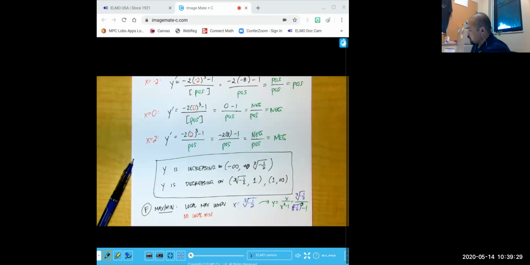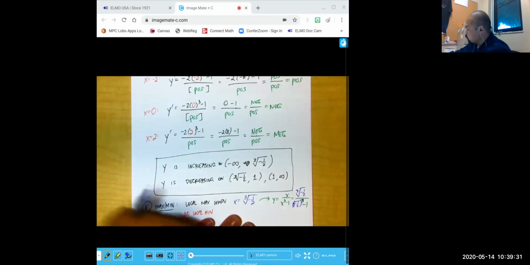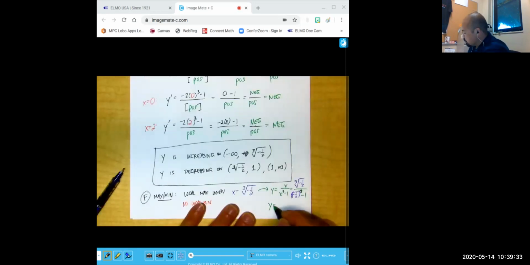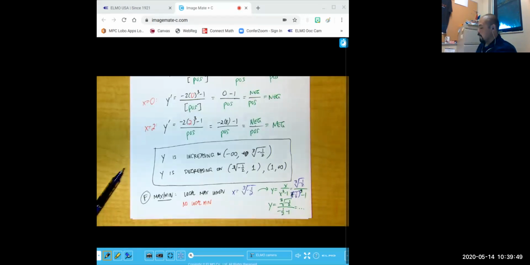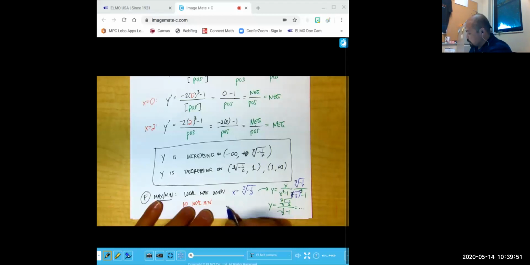Okay, so we're going to get for this y value, I know it's a lot congested here, the cube root of negative 1/2 cubed, negative 1/2 minus 1. I'll put a little dot, dot, dot here. So that maximum is going to occur at my x coordinate.